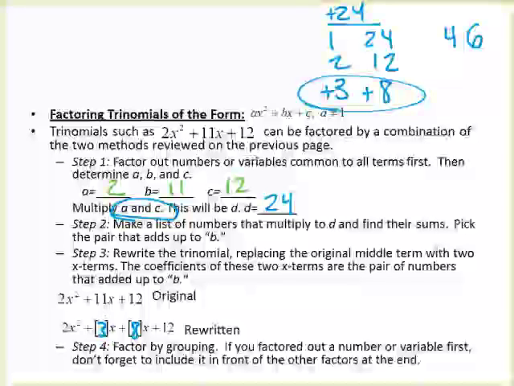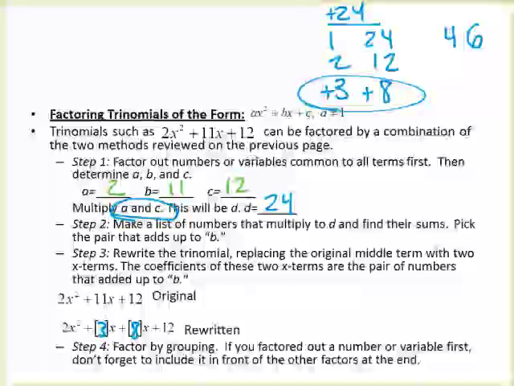So we haven't changed the original; we've just broken up that middle part, choosing the numbers that we did from the chart. And you can't make a wrong decision here. You can pick the wrong numbers out of your list, but once you've picked the right numbers, it doesn't matter which way you plug them in. 3 and 8, 8 and 3, either way it works.